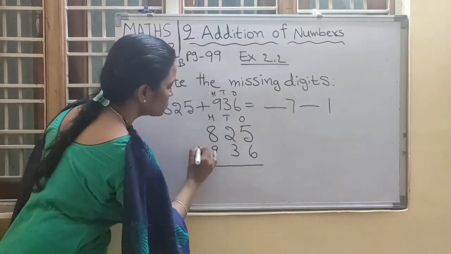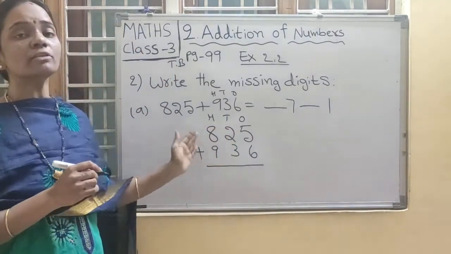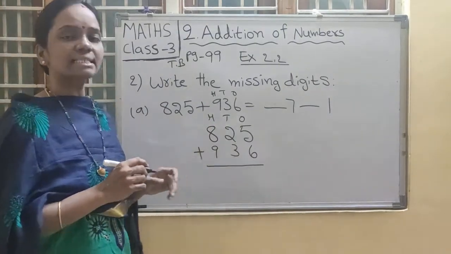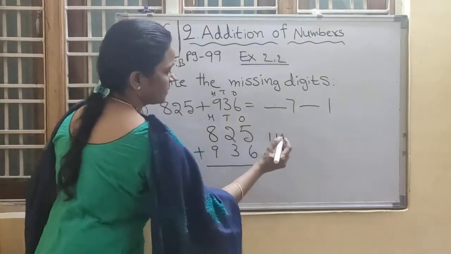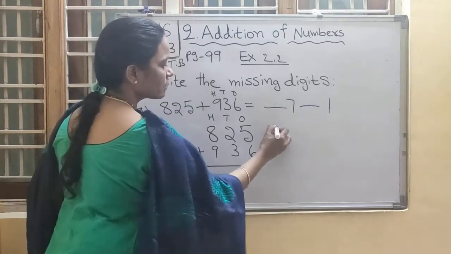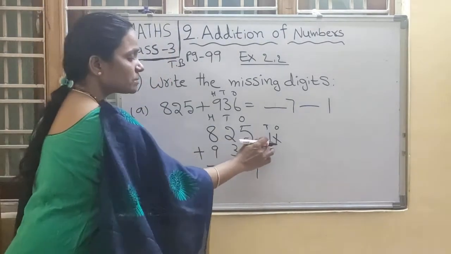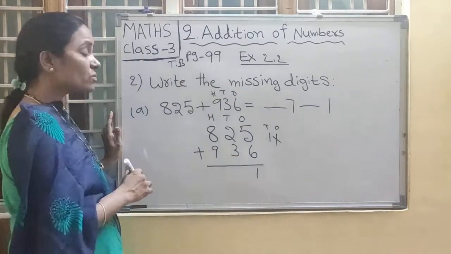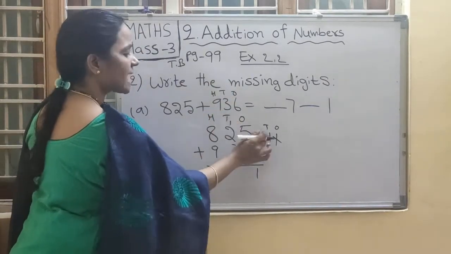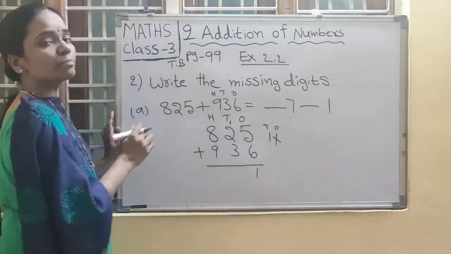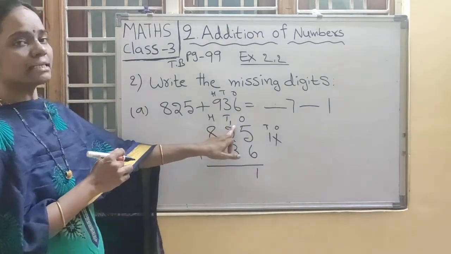Now add these two numbers. So always start with the ones place, right? 5 plus 6, how much, children? 11. So it is a 2-digit number, ones place, tens place. So 1 is written in the ones place and the tens place digit is forwarded to the tens place. The carry over is forwarded to the tens place. So write 1 here at the tens place.